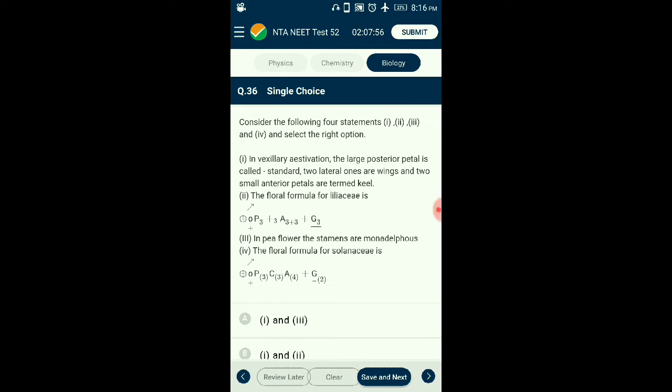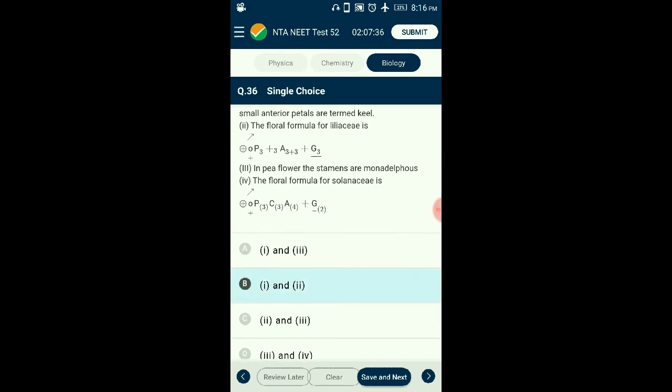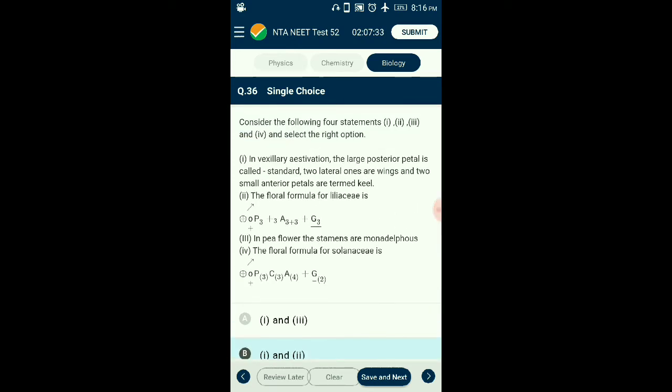The general characters of the Liliaceae family are that the flowers are bracteate, bisexual, complete, actinomorphic symmetry, hypogynous and trimerous, epiphyllous, and in some plants may be epipetalous. They have polyandrous androecium and superior ovary. So the answer for this question is option B. From the given four statements, statements 1 and 2 are the right options.